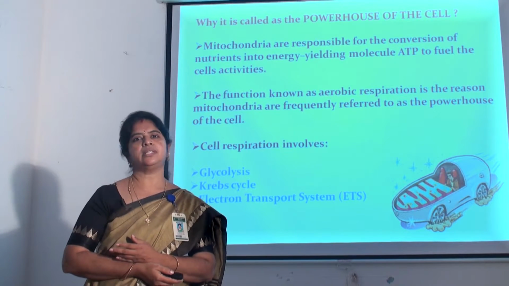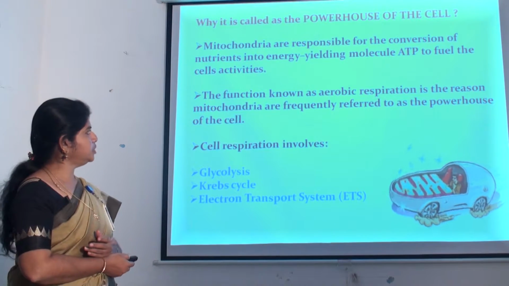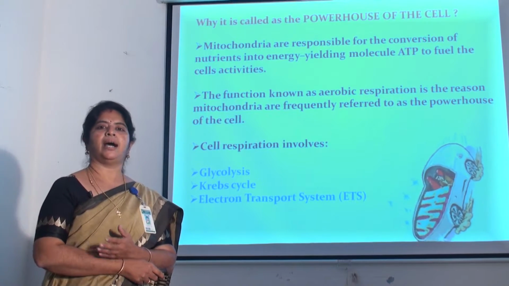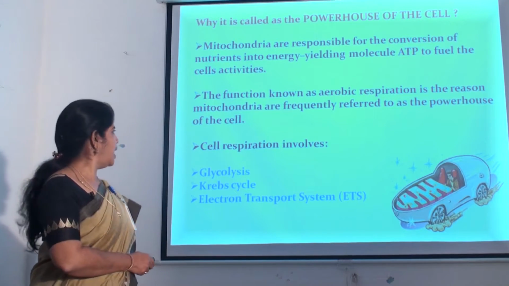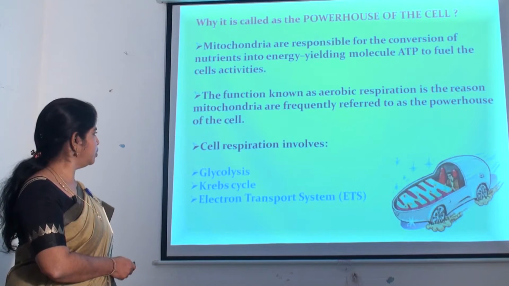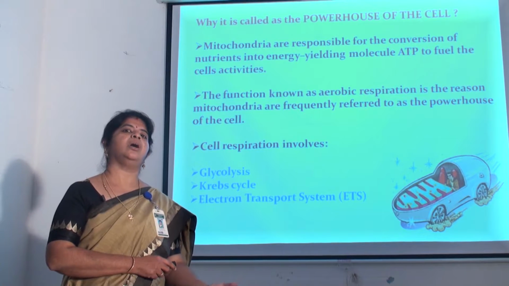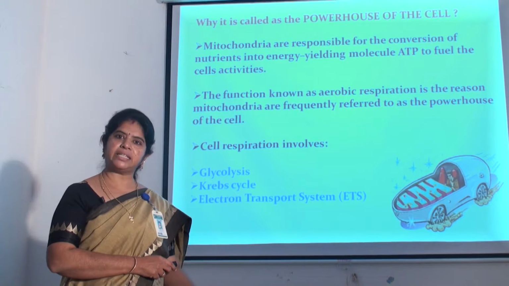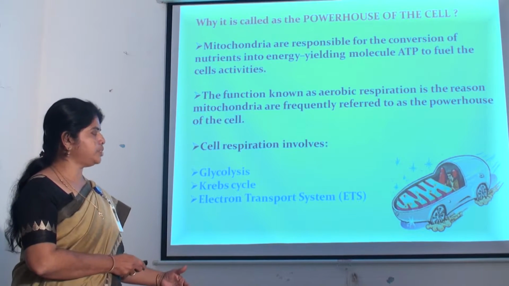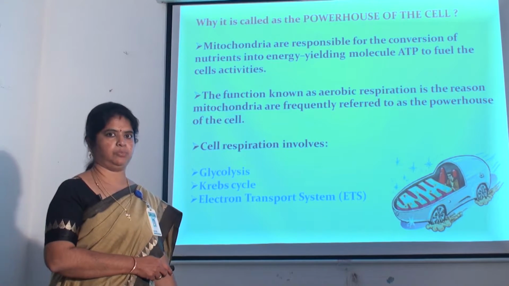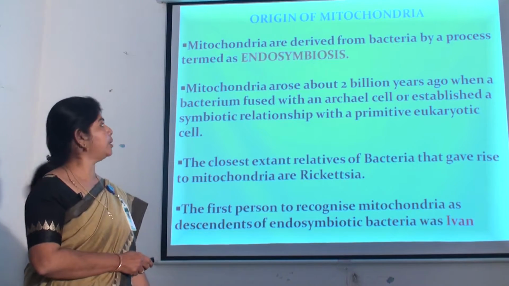This is called cellular respiration, and because it happens in the presence of oxygen it is called aerobic respiration. Cell respiration involves three main steps: glycolysis, which takes place outside the mitochondria, the Krebs cycle, which takes place inside the mitochondria, and the electron transport system. Let us see them one by one.